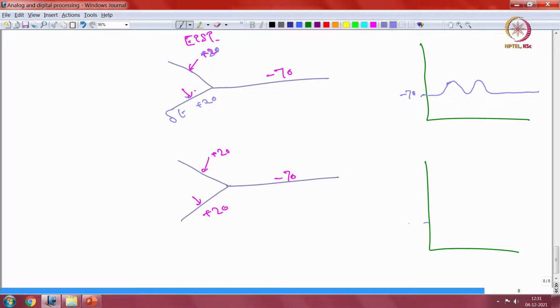Here you have minus 70, both come at the same time, and that produces a single action potential. So, that is spatial summation, and this is temporal summation.